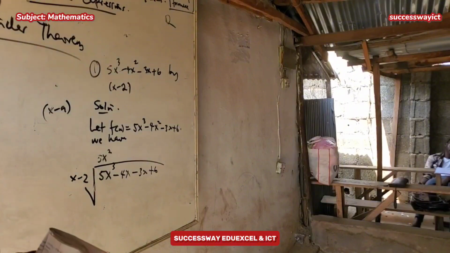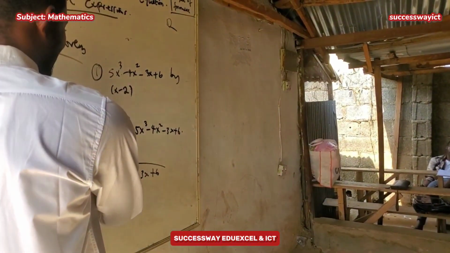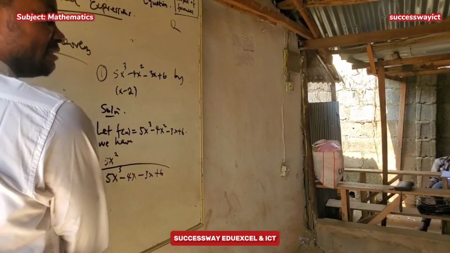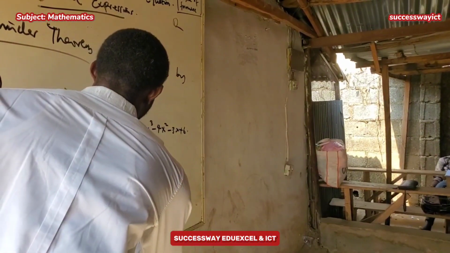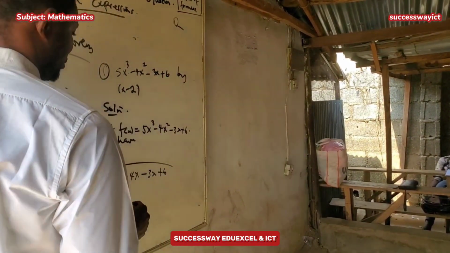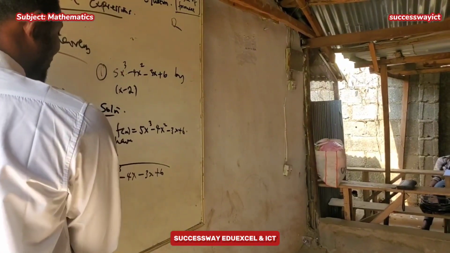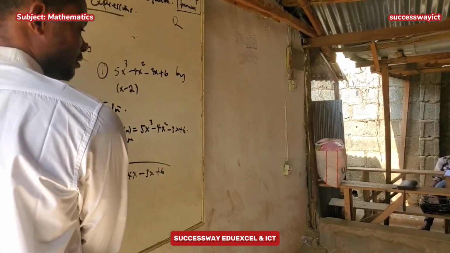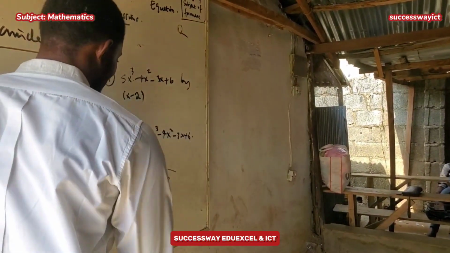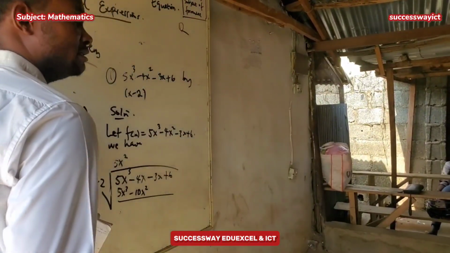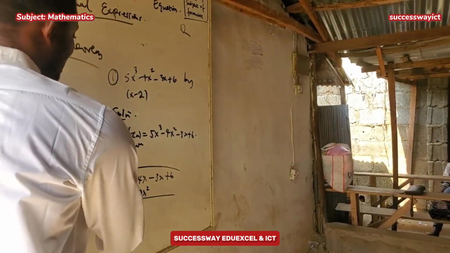Are we together? Then 5x squared multiplied by x gives 5x cubed. 5x squared multiplied by minus 2 gives minus 10x squared. You do the subtraction.